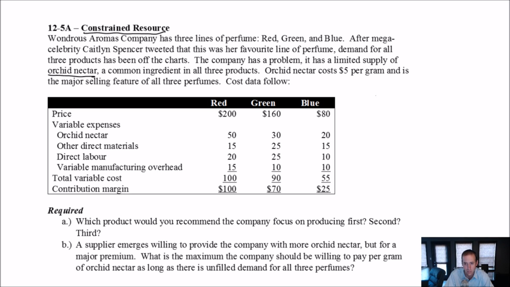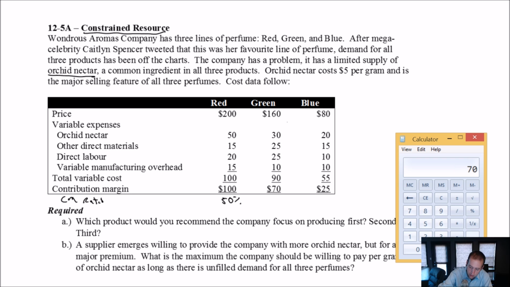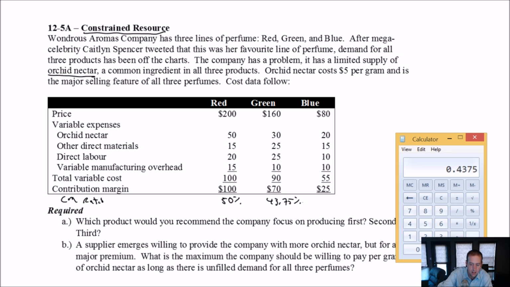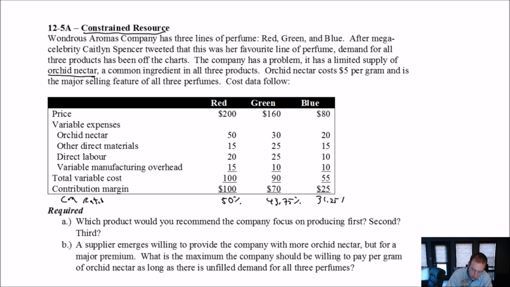A highest contribution margin per unit would be something desirable, or even the highest contribution margin ratio, CM ratio, which is CM divided by sales. 100 divided by 200 is 50%, 0.5. 70 divided by 160 is 43.75%, and 25 divided by 80 is 31.25%.